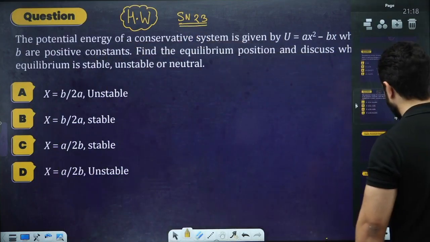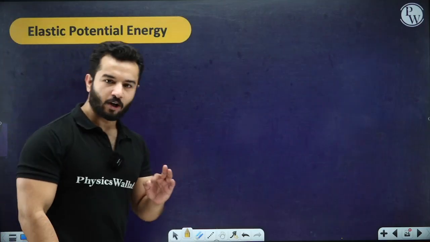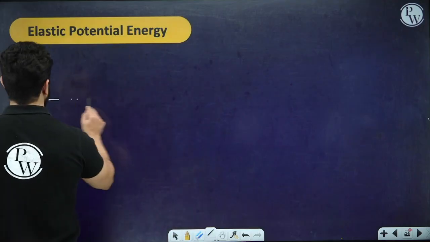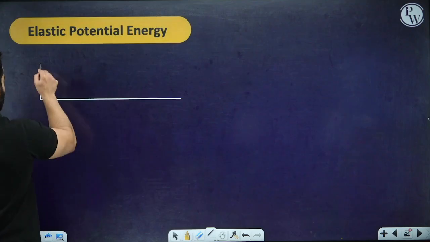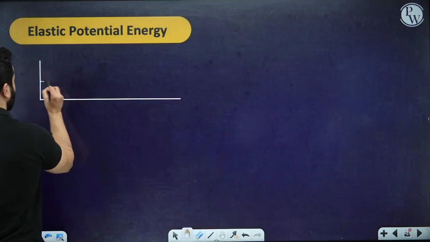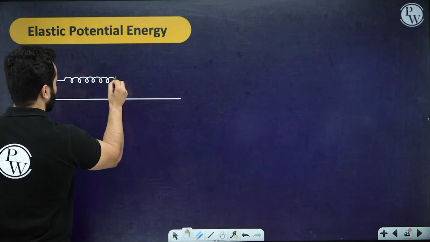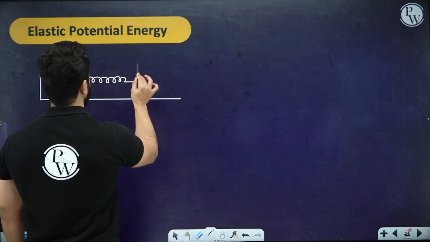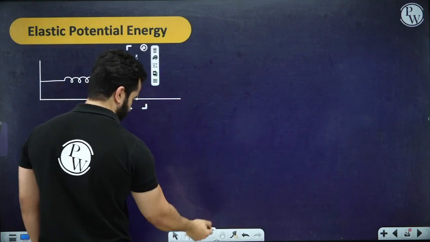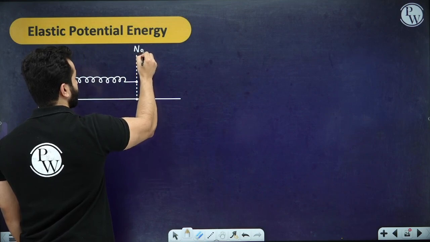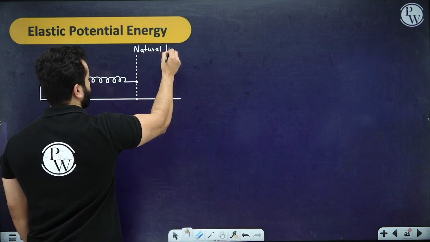Now let's move to another type of potential energy, which is elastic potential energy. In Newton's laws of motion, we have discussed that let's suppose we have got a spring attached to this wall, and let's say this is the natural length.